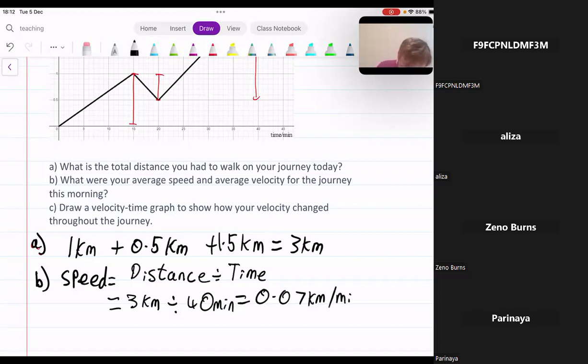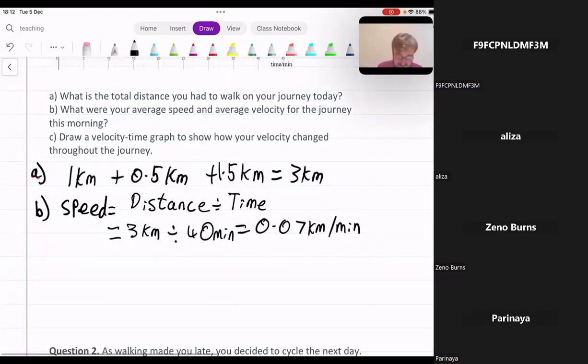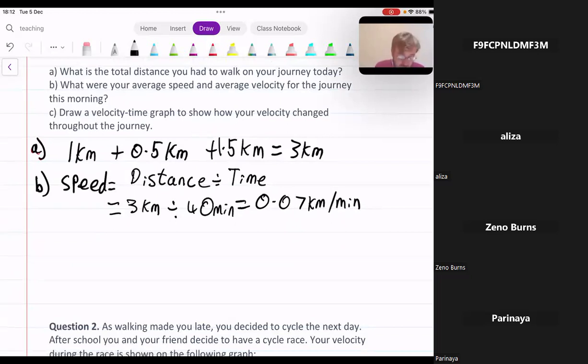kilometers per minute. Now, kilometers per minute really isn't a useful or very commonly used unit of speed. Normally, kilometers per hour is quite common, or meters per second. And in fact, in physics, meters per second is standard. So how do we get from this to meters per second?